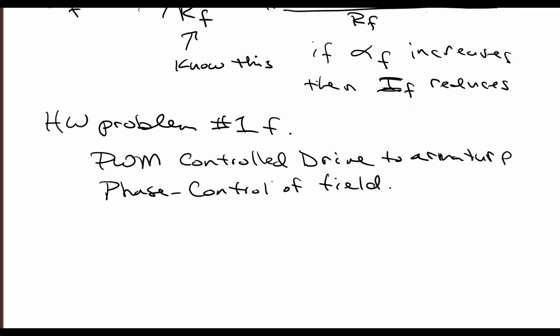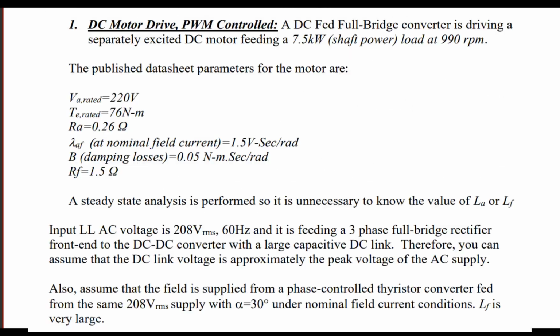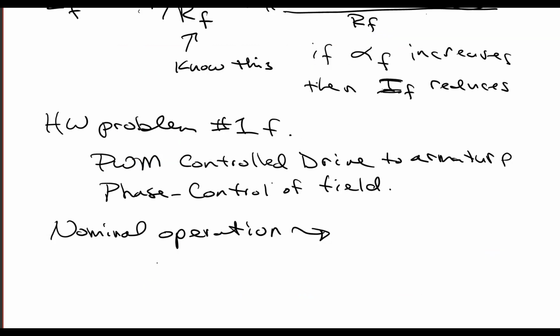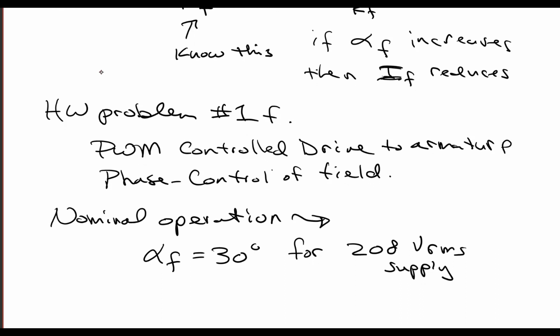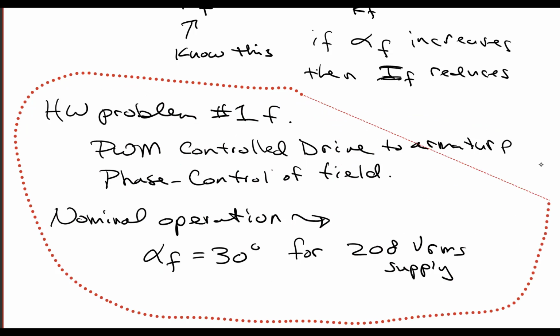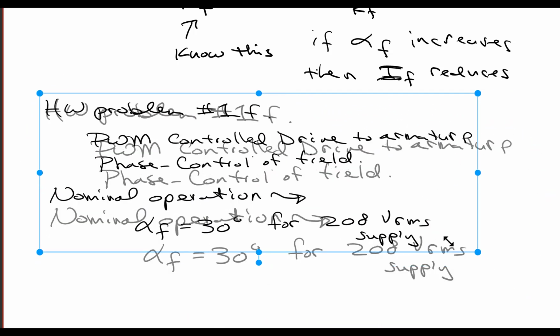Let's just consider the nominal operation. The alpha F is 30 degrees, for the 208 volt RMS supply. That's the line-to-line voltage supplying the field. I don't have a figure, but it's the same thing we've been talking about, and I made the figure of the drive in that note I put up.